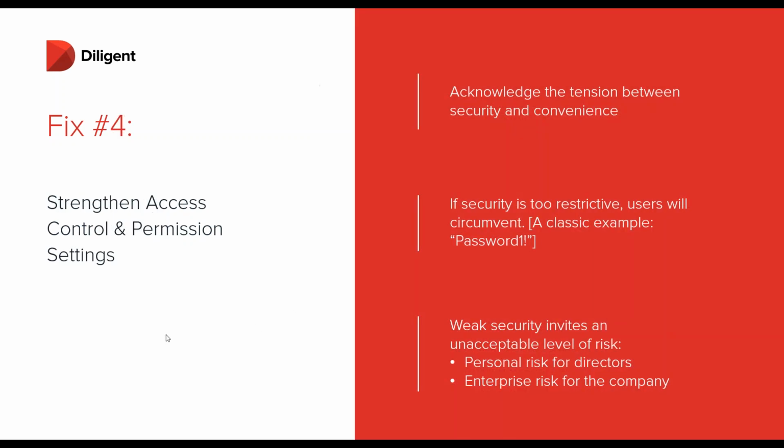So the next thing that I want to talk about is regarding permission settings and control, and making sure that that is also an ongoing conversation, and making sure that you really have a granular level of control there. We do offer an extremely granular level of who has access to what documents, can they see, what level of permissions do they have at a document level, at a committee level, at a book level.